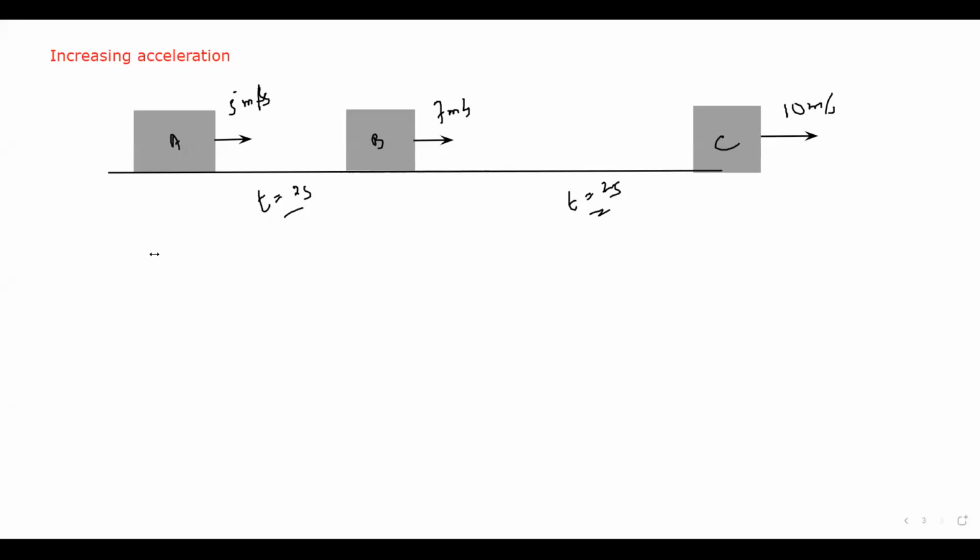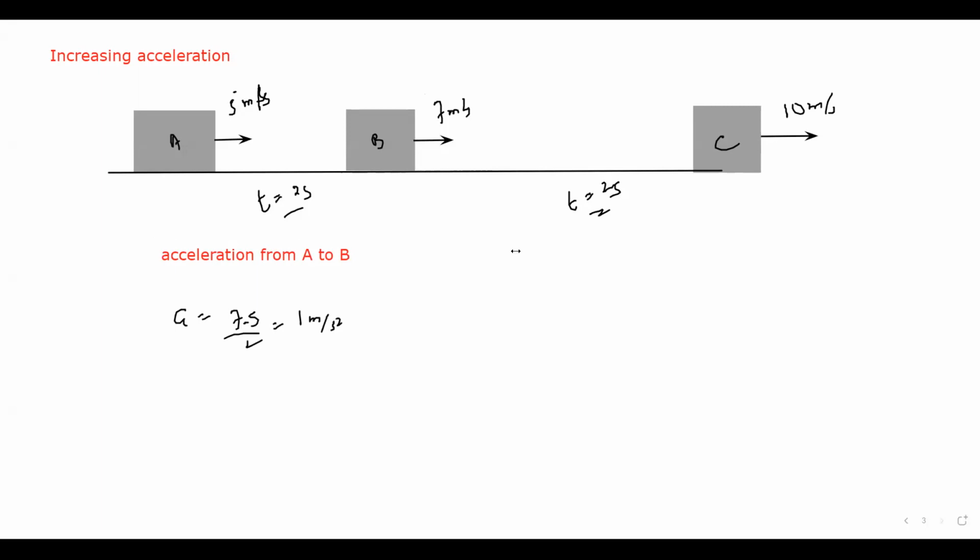So what is the acceleration from A to B? Moving from position A to position B, it will be 7 minus 5 divided by 2, that's equal to 1 meter per second square.